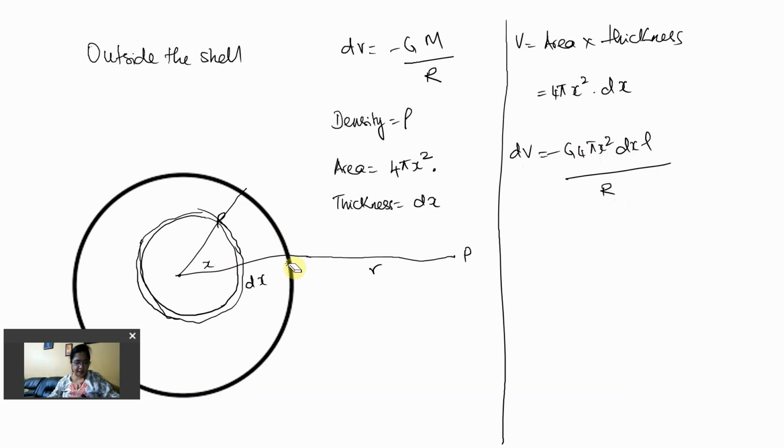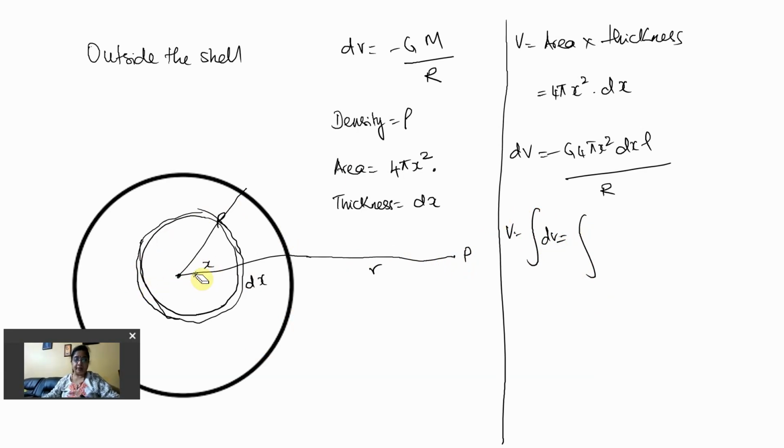Obviously, we need to find the potential due to the entire sphere. So V is equal to the integral of dV. What are the limits?